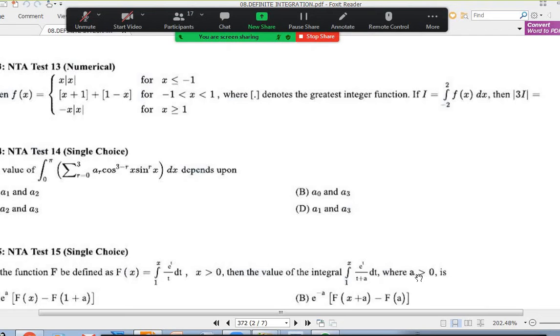Next, integer part of x plus 1 plus integer part of 1 minus x, for minus 1 less than x less than 1. And then minus x into mod x, for x greater than or equal to 1. We want I equal to the integral from minus 2 to 2 of f of x dx, and mod 3I they want.